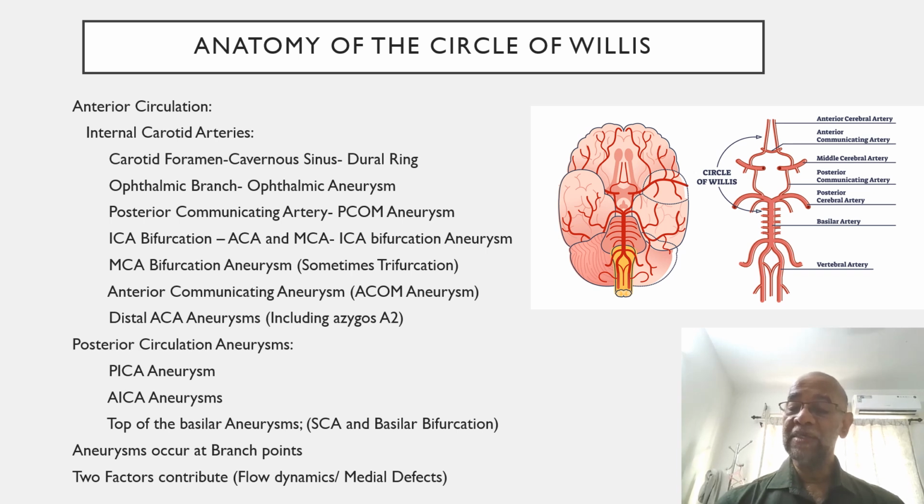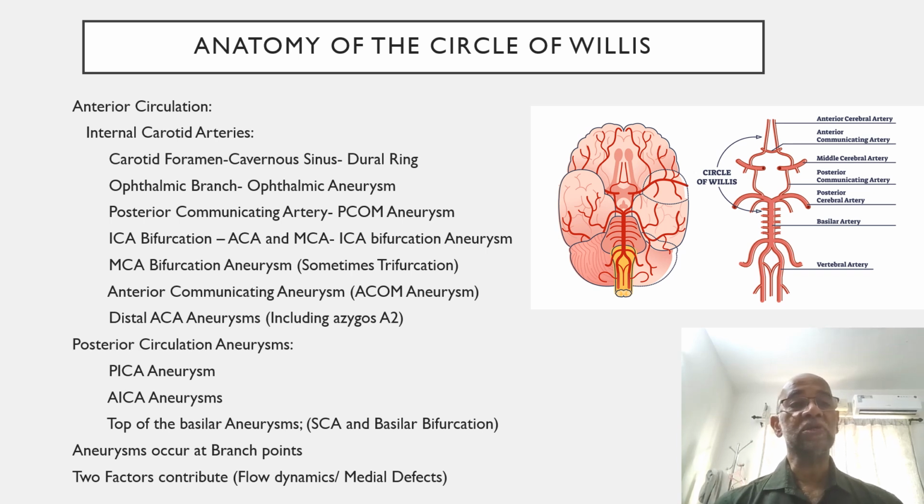The connection between the ICA and the PCA is the PCOM. And at the top of the basilar or at the branches, the AICA and the superior cerebellar artery, you again have aneurysms: AICA aneurysms, SCA aneurysms, and tip of the basilar, basilar tip aneurysms.